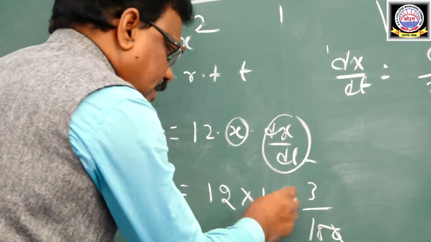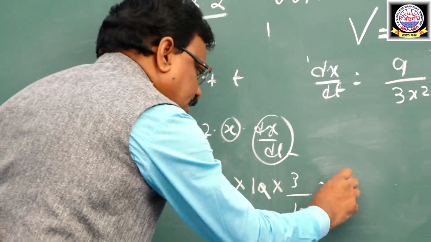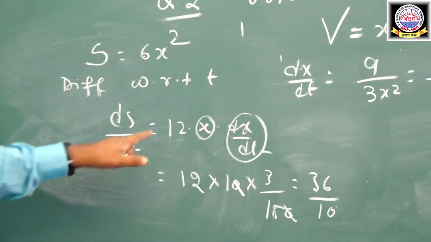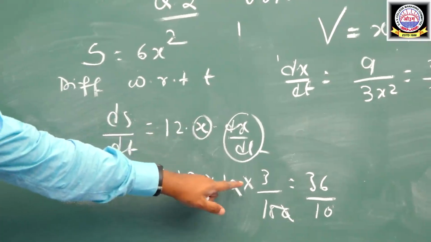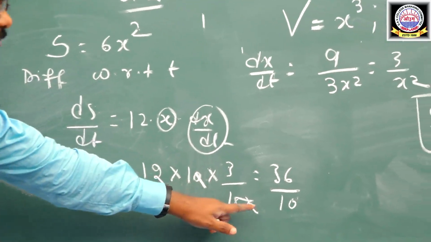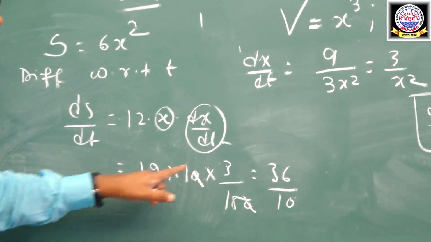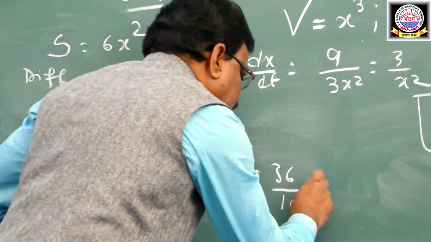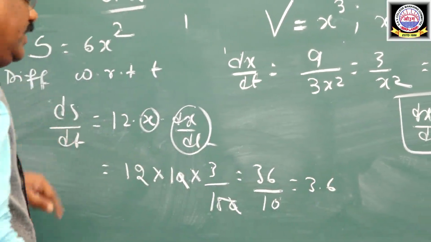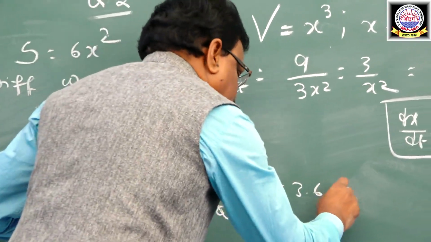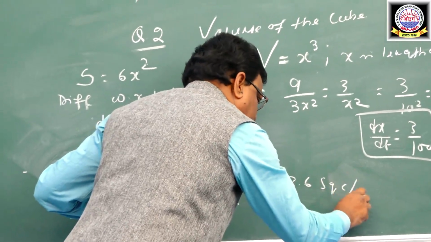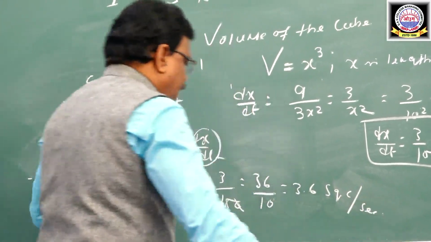So, the 0 is cancelled, 12 times 3 is 36 by 10. Once again, 12, the value of x is 10, into 3 by 100, 0 and 0 cancel. Check whether there is any calculation mistake. So, 12 times 3 is 36 by 10, so 3.6. And the derivative of the surface area is in square centimeter per second.